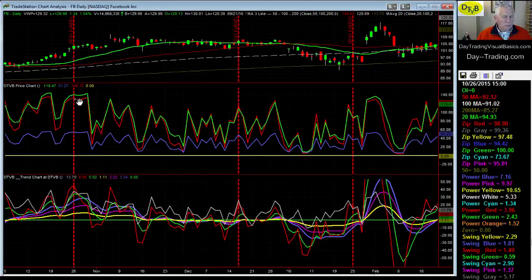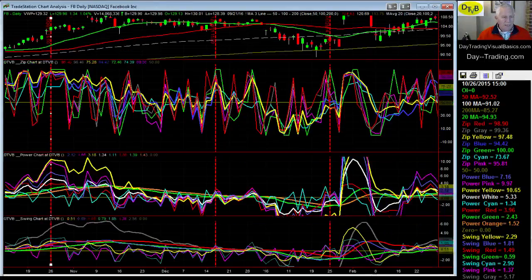They're just real high, and when they are real high, then the price goes up. So you would have been able to see this, and definitely after the next day, after this red vertical line, you would have seen that there wasn't any downtrend activity going on as far as the price was concerned. You've got a little bit of movement in the candles there, and of course some movement in the other narrow lines on your zip chart and in your power chart.